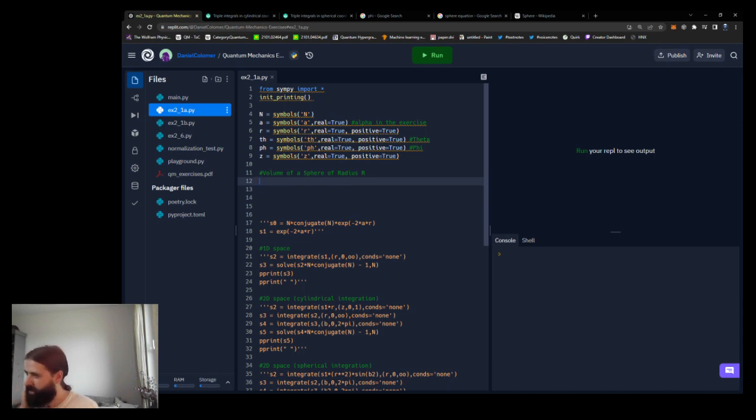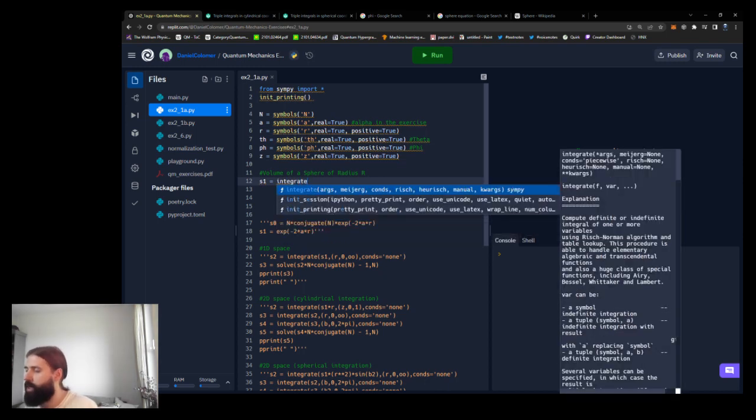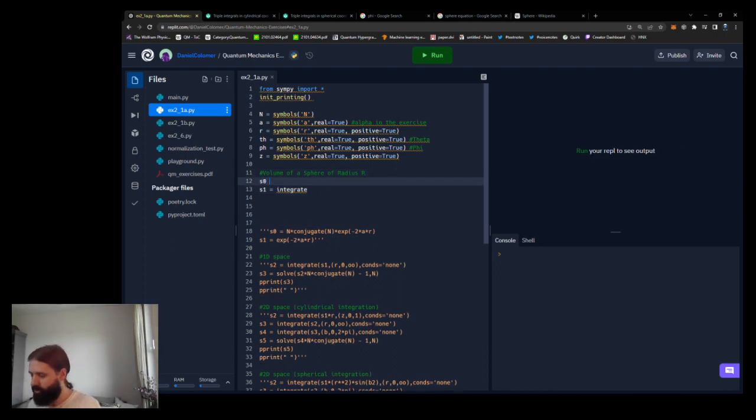So I'll just say S1. I'll just start with S1 as integrate. In a way, S0 is this thing, right? It's r squared sine of phi, right?